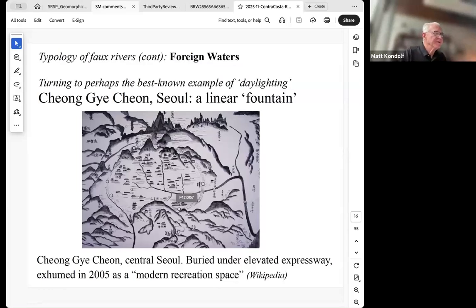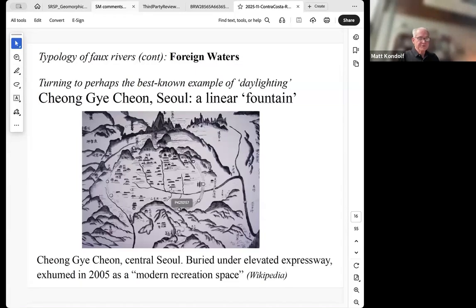So Seoul was settled here, but during the Korean War, things got pretty bad. The river was polluted, and there were shanties along the creek, along the channel. So those were all removed and things were cleaned up. The river was put into a culvert and concrete was put over the top, and it was a road.